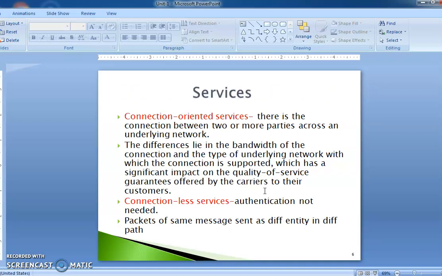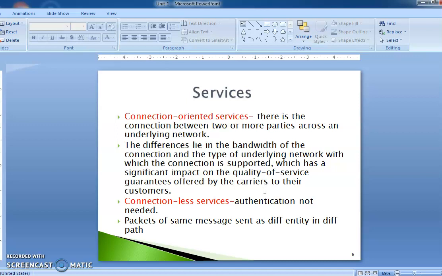Next, services. The services offered by the networks are classified as connection-oriented service and connectionless service. Connection-oriented service means that before the data transfer takes place, a connection has to be established between the two parties or two users, and authentication is required. So there is a connection between two or more parties across an underlying network.